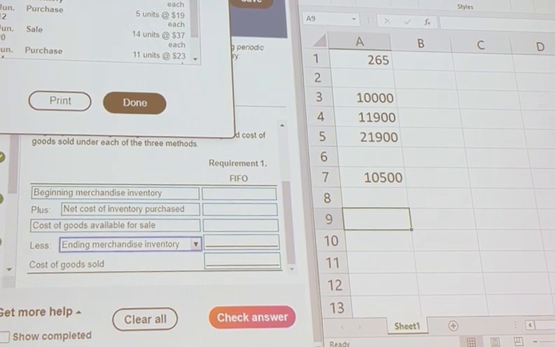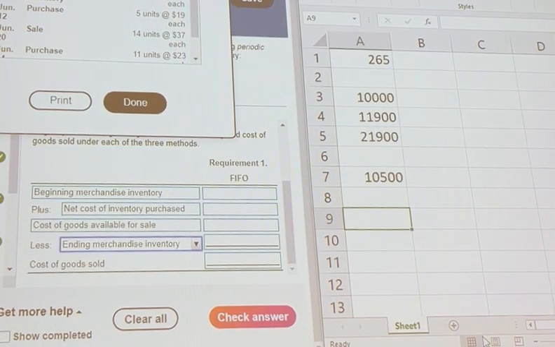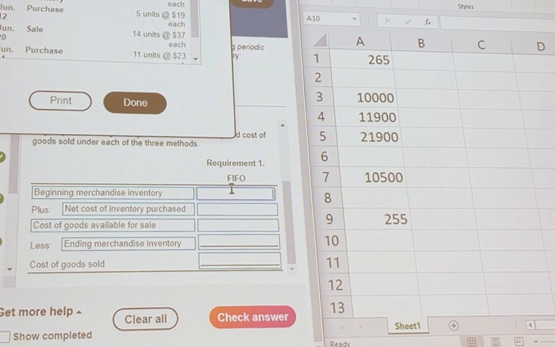So beginning inventory, it says 17 units at $15 each, so that's $255. And then for the purchases, there are two purchases.